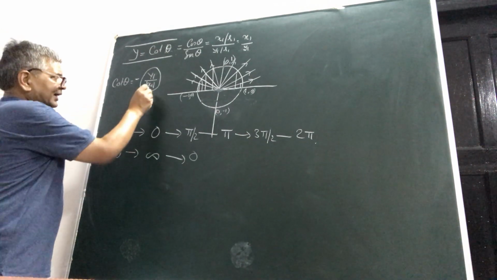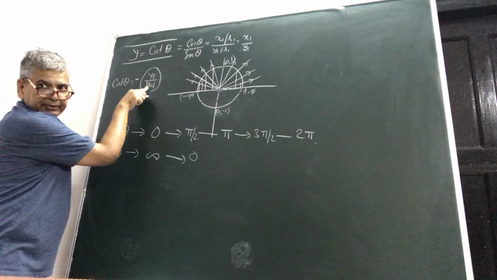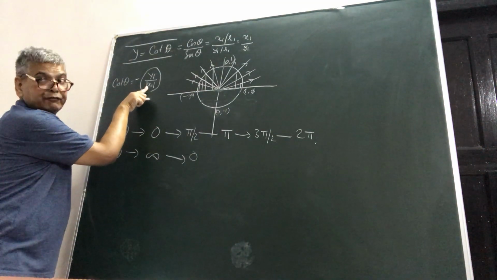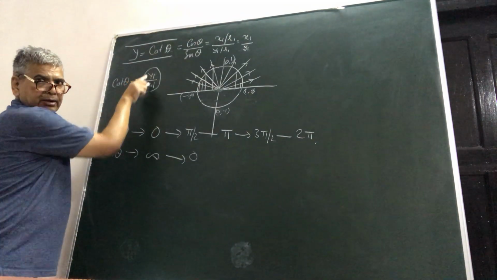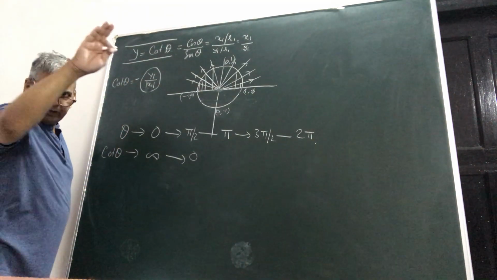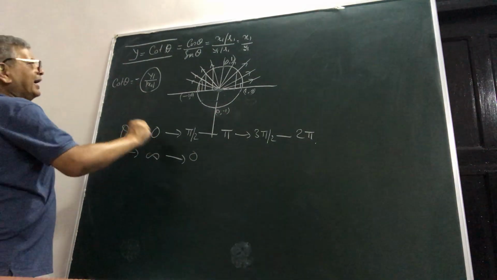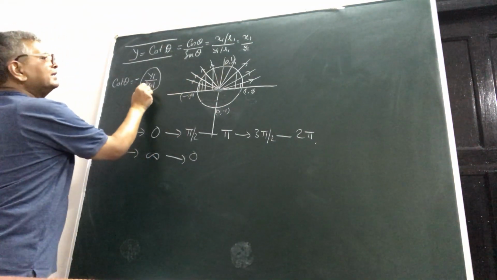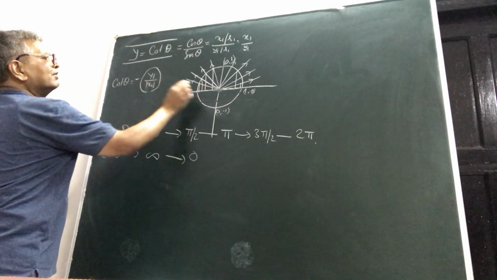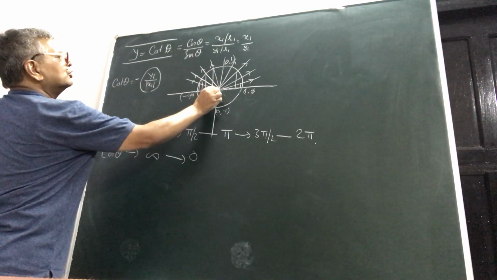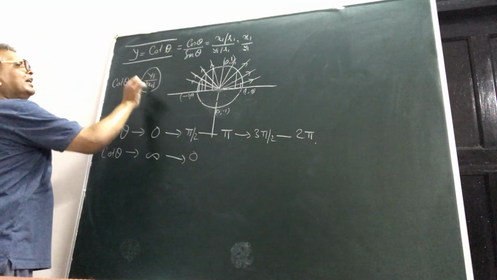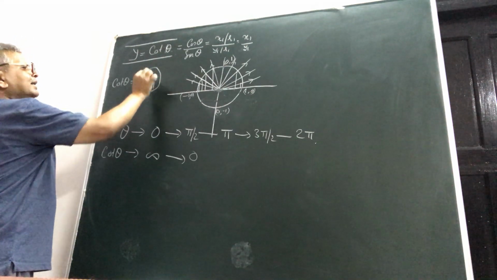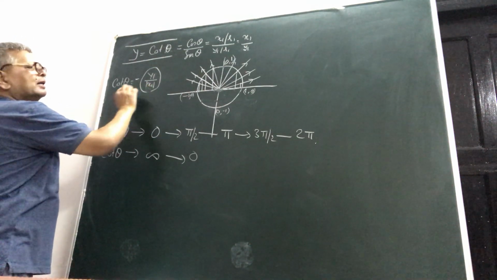The denominator, mod x1, is increasing from 0 to 1, and an increasing denominator means further reducing the value. So both numerator and denominator are trying to diminish the value of the fraction. And mind it, when you are slightly on the second quadrant side, mod x1 will be very, very small, like 0.00001, so this will be something very large, because y1 will be approximately equal to 1.